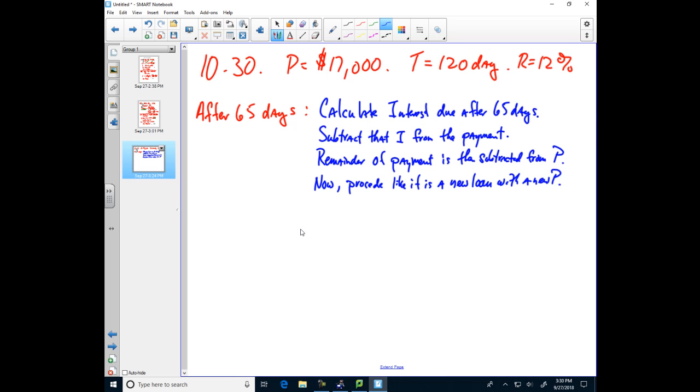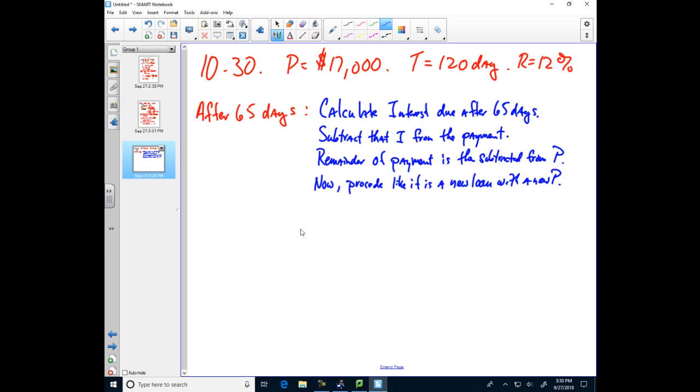Now the 120 is the big wall out at the end. In the middle, it'll say day 65, this happens. Day 89, this happens. So really, the only time you worry about the 120 is the very last part. Up until then, you worry about how long these things have been going on in the middle. So after 65 days, he's had the money 65 days.